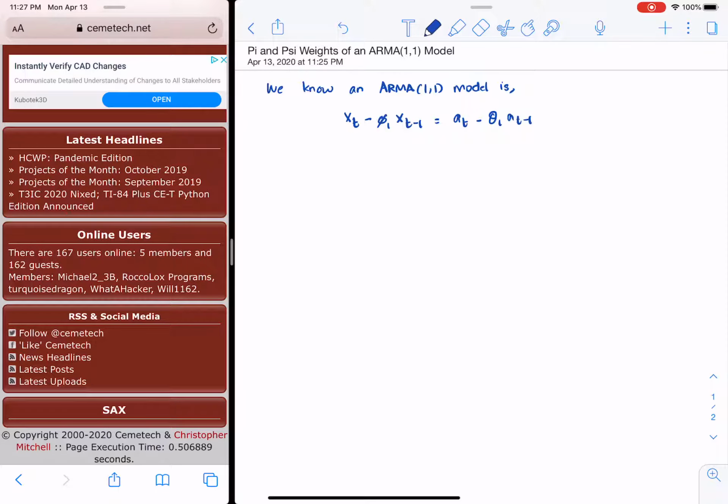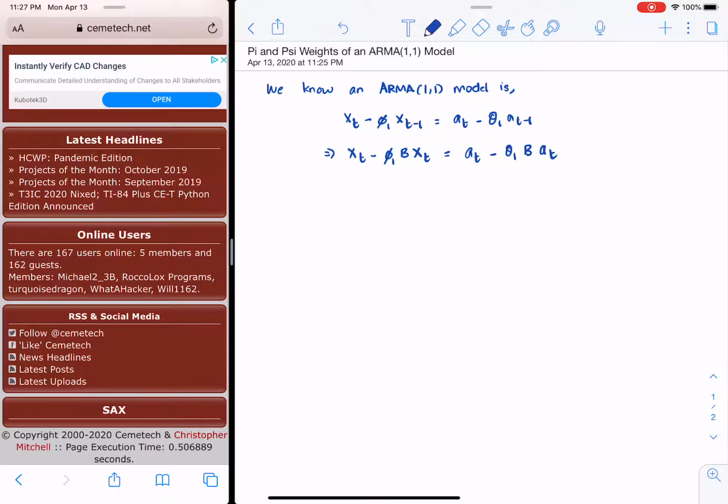We could rewrite it in terms of the backwards operator, and we would have x_t minus phi_1 B times x_t equals a_t minus theta_1 B a_t.